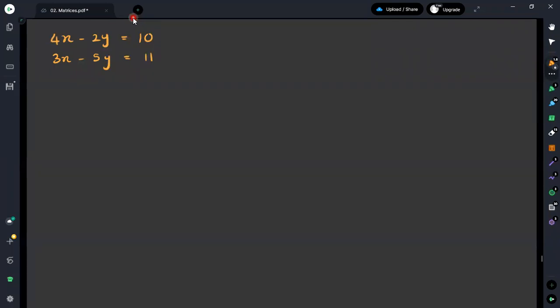Now you can see that there are two variables in this set of equations. Therefore, we should have a minimum of two linear equations to obtain finite solutions for this system.